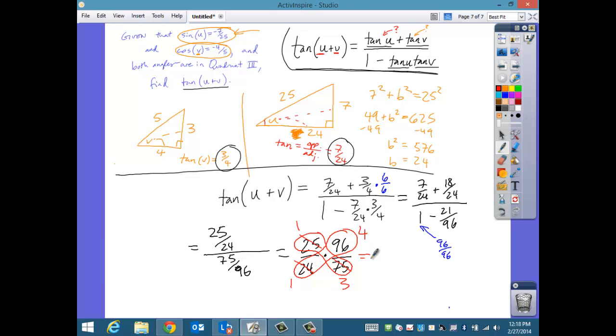So this is just going to simplify to 4/3. And that is all there is to it. So once again, we don't know u, we don't know v, we don't need to know them because we can figure out the tangent of u and the tangent of v using these pieces of information. By doing that, we get the value of tangent of u plus v.